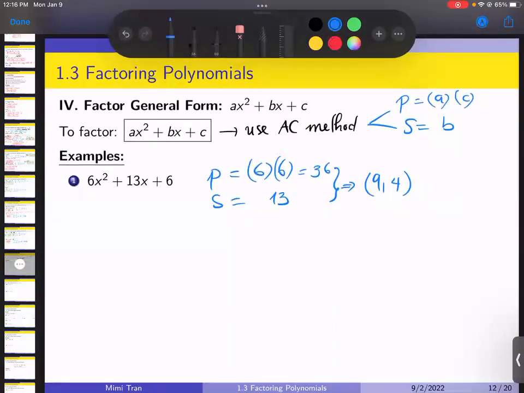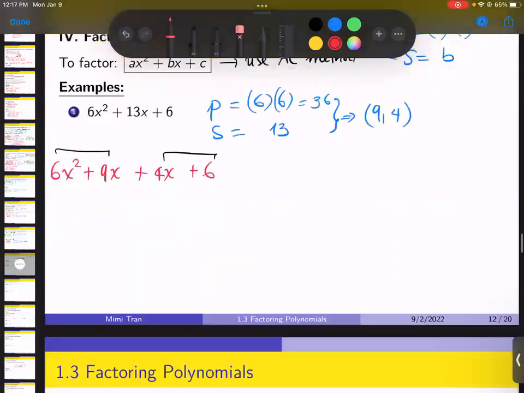So same thing, I'm gonna split the middle number into 9x plus 4x. So 6x squared plus 9x plus 4x plus 6. And then you group factoring. It's very similar to what we did. What can I factor for the first group?